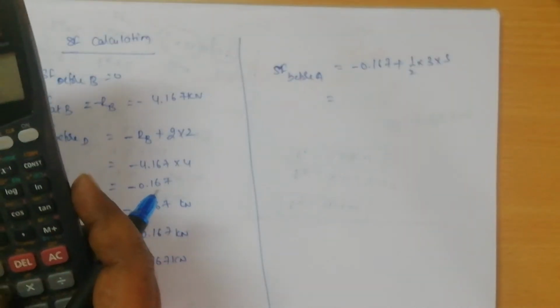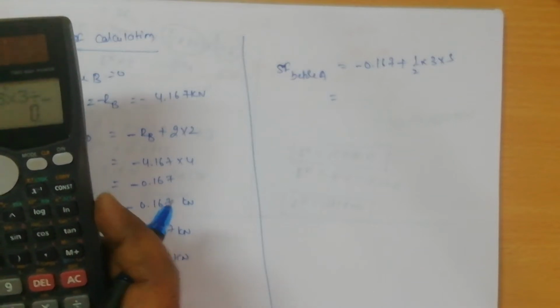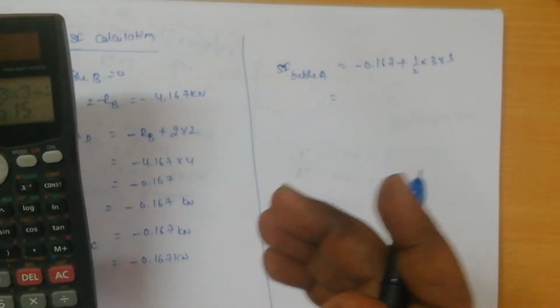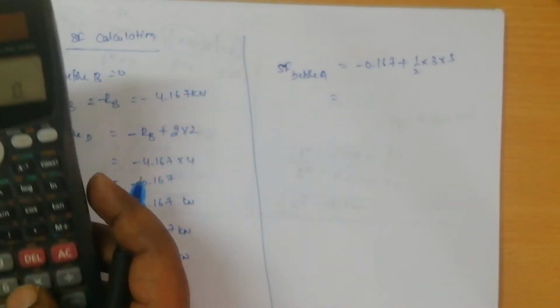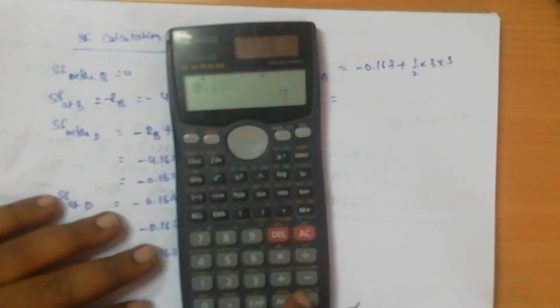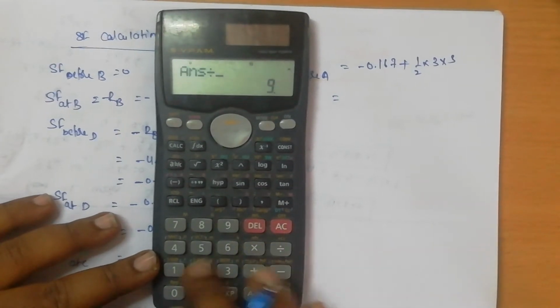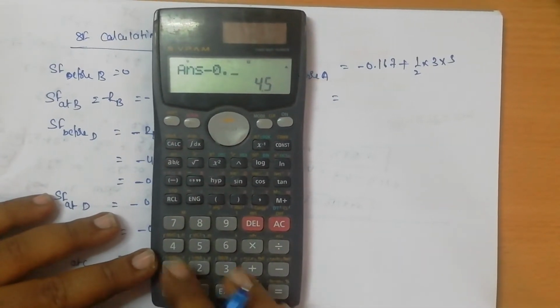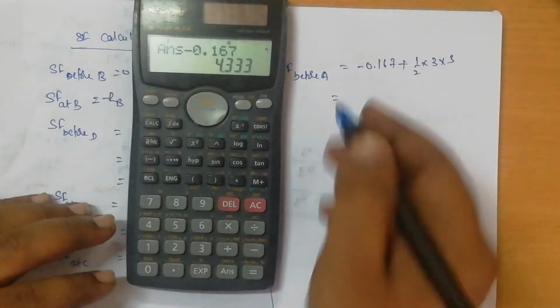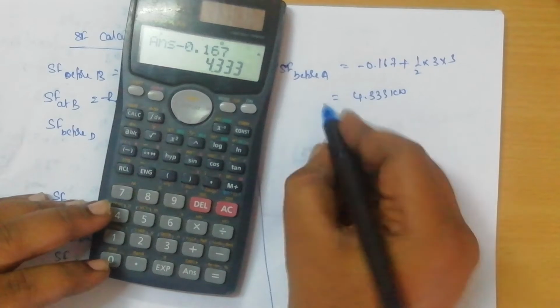Minus 0.167 plus 3 into 3 divided by 2. So the answer is, let us do 3 into 3 divided by 2 minus 0.167. So what is the answer? 4.333 kilonewton. So before A we got this.